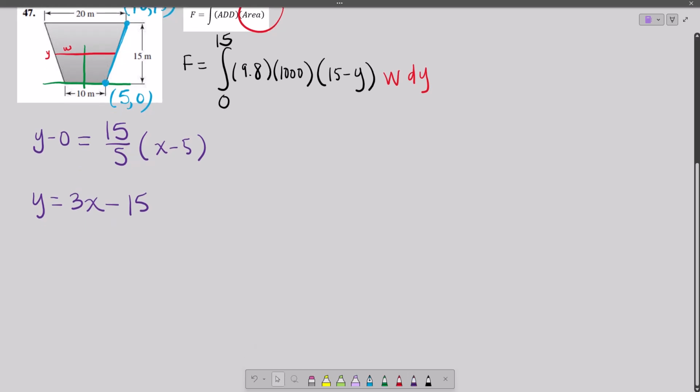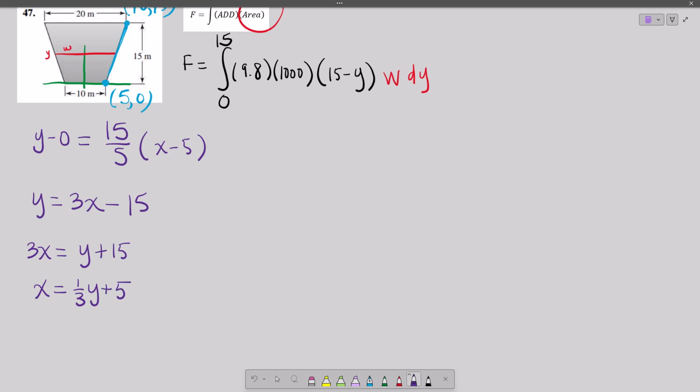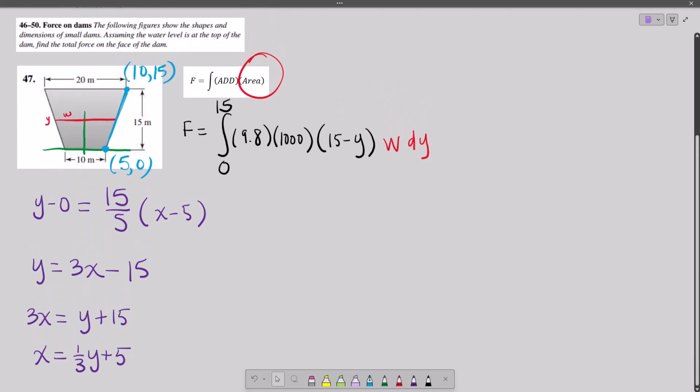But we want to isolate x because we're measuring horizontal. We don't want our function to be measuring vertical. We want it to be measuring horizontal. So there. That purple x is now measuring this distance right here, right? When you isolate x, you're measuring from the y-axis to the right.